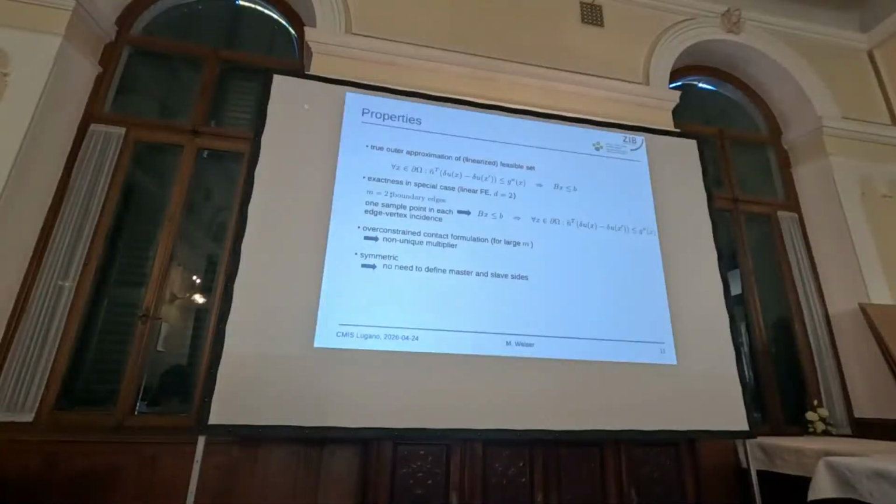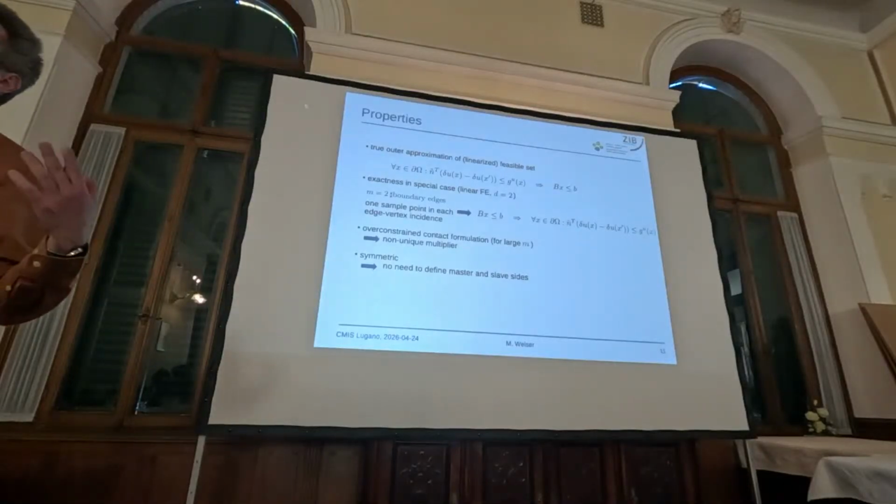So what are the properties of this approach? Most of you will know this. It's a true outer approximation of the feasible set. So we just remove constraints from infinitely many to finitely many. That means we enlarge the feasible set.